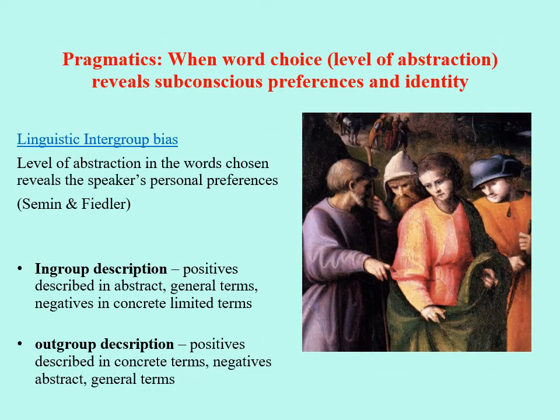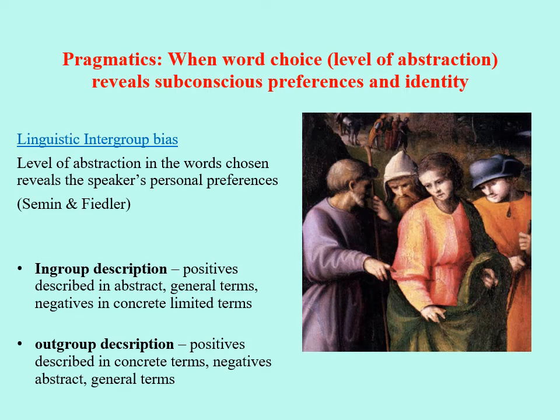The actual selection of words can also be revealing of a person's subtle subconscious preferences. For example, imagine that you have the task of describing your own group using 3 positive and 3 negative characteristics, and describe another group in terms of 3 positive and 3 negative characteristics.